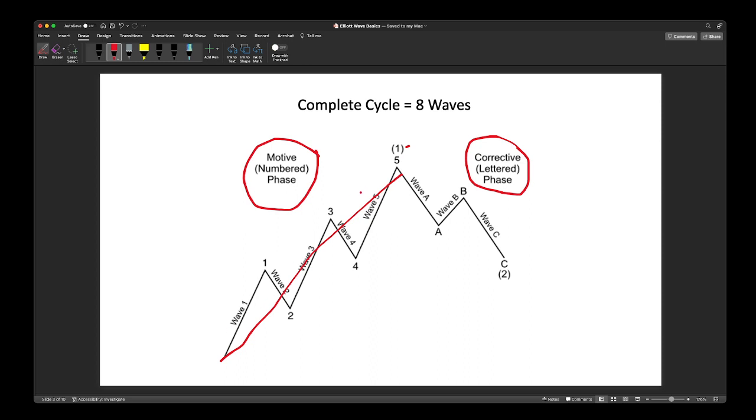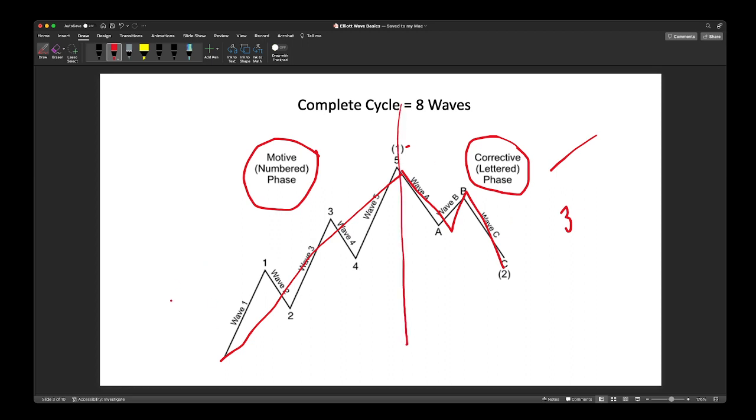Motive wave 1 could be made up of an extension, an impulsive, a leading diagonal, or an ending diagonal. In waves A, B, C, the corrective phase, there's 3 different types of corrective patterns, which are your triangle, your flat, and your zigzag.